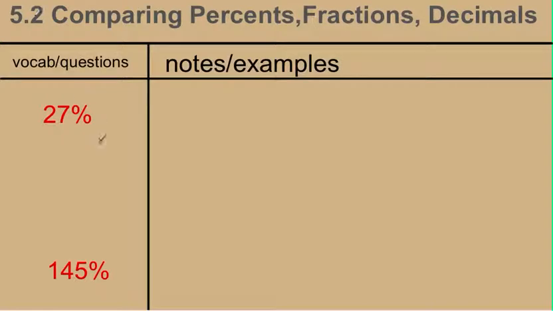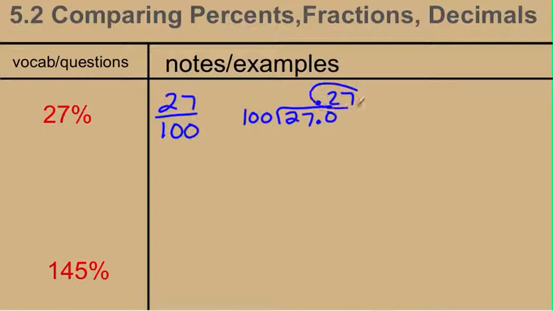Let's try another example. So 27%. So I'm going to take 27 and place it over 100. We know from the last example that if I was to come and take 27 and divide it by 100, and again I'm not going to do this whole thing, but we would have to hold our place value, and we would find out our answer would be 0.27 or 27 hundredths, because it's the same thing that happens over and over again.